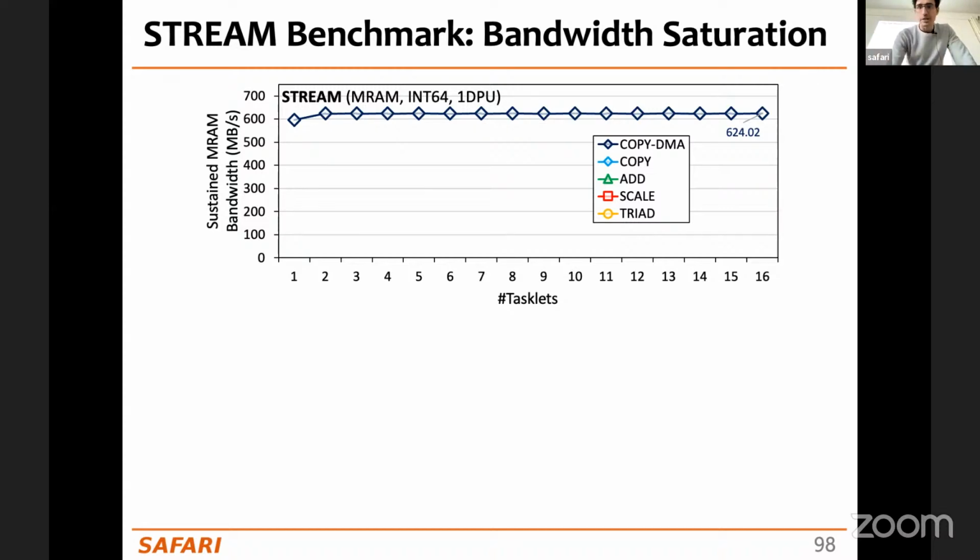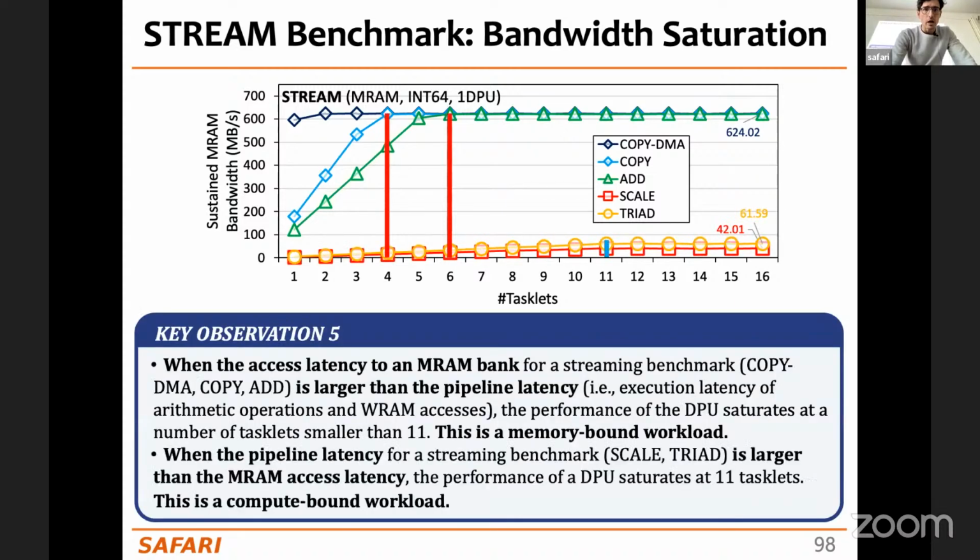We did a very extensive analysis of this UpMem PIM architecture, and we characterized the arithmetic throughput, as you have just seen in the previous slides, but also the bandwidth that we can obtain with the system. The overall bandwidth is pretty large.